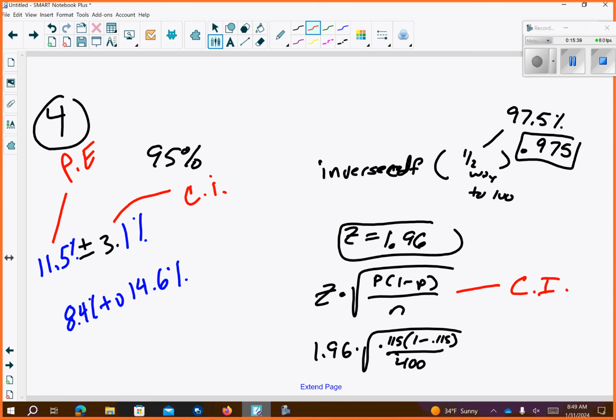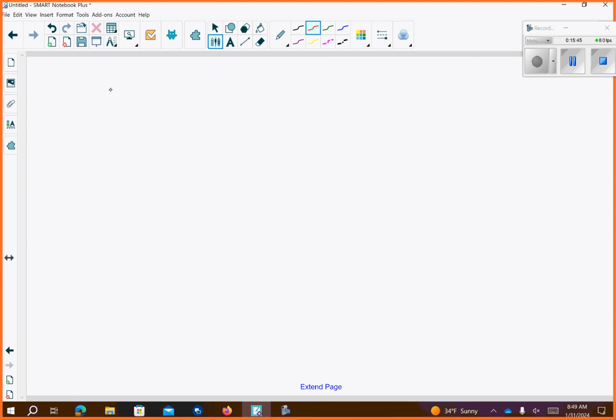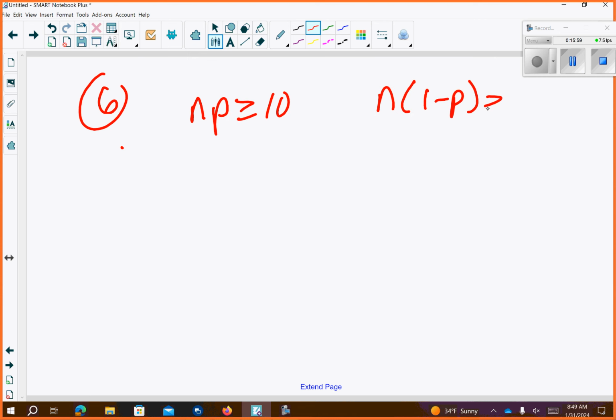Number 6, is the sample size large enough to meet the normality assumption? Okay, so problem number 6, again, we're on page 83. They want to know, is n times p greater than or equal to 10? And is n times 1 minus p greater than or equal to 10? So our sample size, we said, was 400.